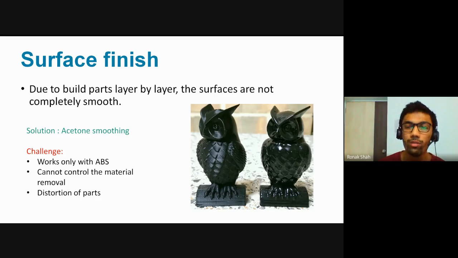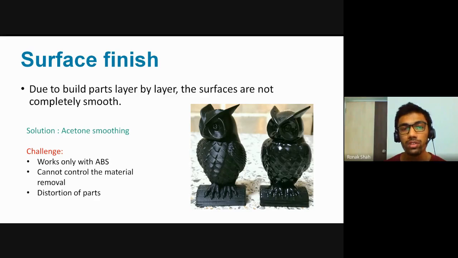This kind of object appeals for certain applications. The challenge with acetone smoothing is that there is no user control over how the acetone vapors remove material from different areas of your printed part. If the part is overexposed to the acetone vapors, it would deteriorate.